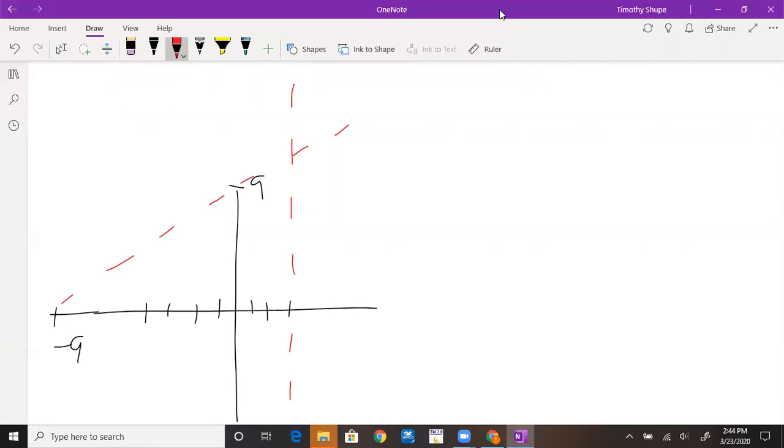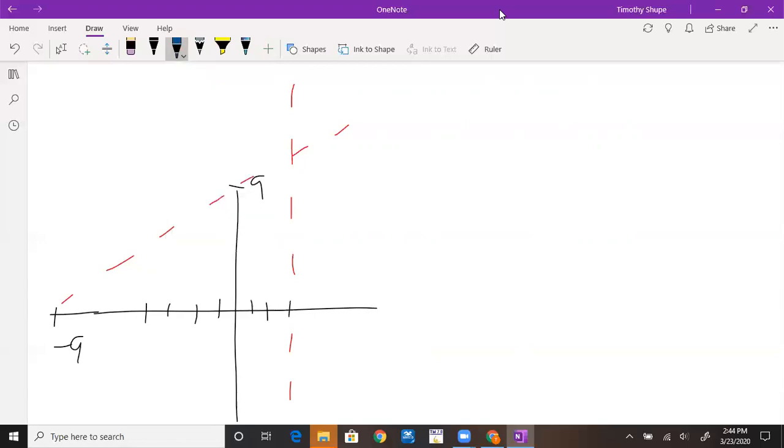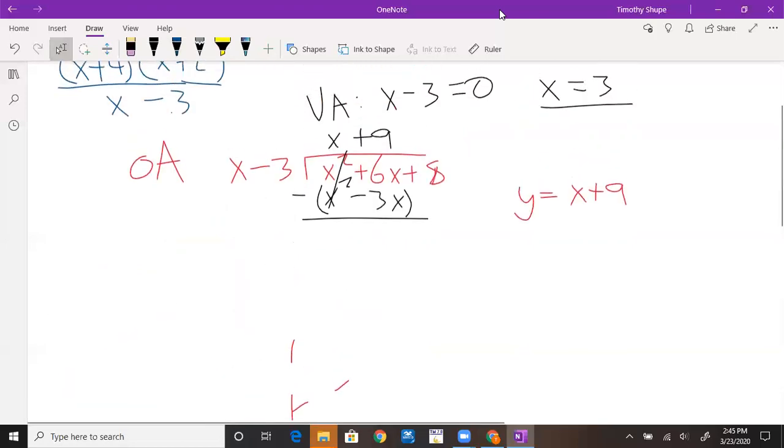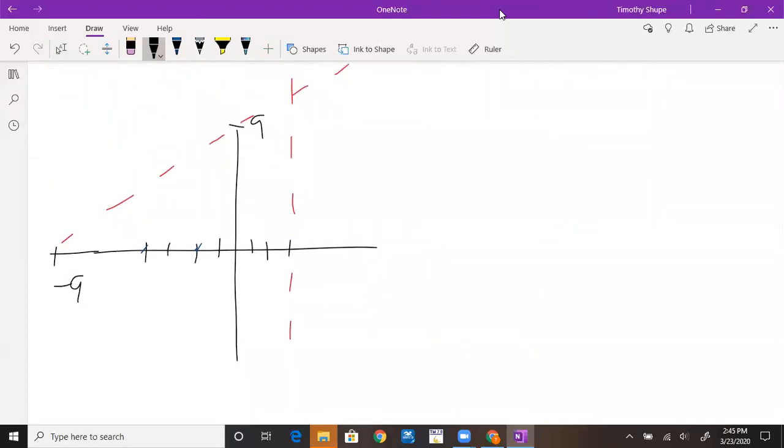Now, if I change my color here, you can put on those intercepts. We had one at -2, we had one at -4. And then our y-intercept was at -8/3, so almost -3. So if I come down just short of -3, I've got that point right there.